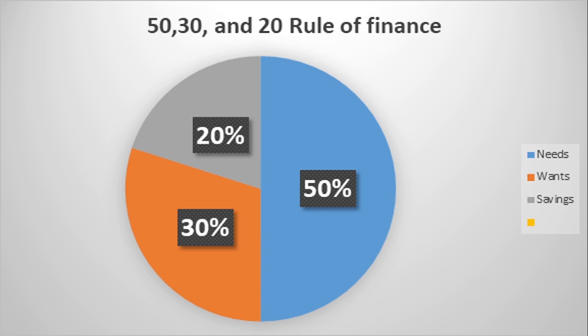From this net income, you remove 50% to cater for your needs, 30% to cater for your wants, and 20% to cater for savings.